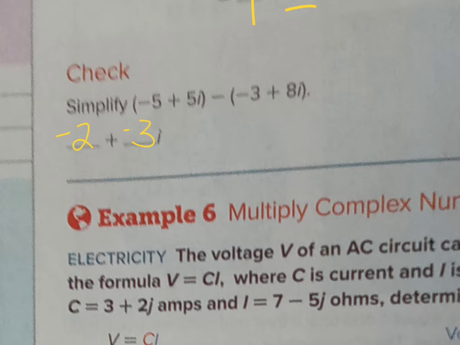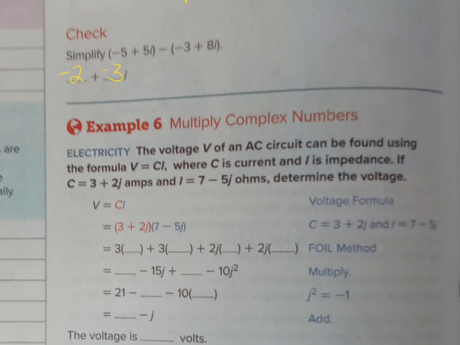Make friends with your signs. Is that one okay? You watch your signs? -5 minus a -3, right? That's really -5 plus 3. Also known as -2. 5i minus 8i, -3i.